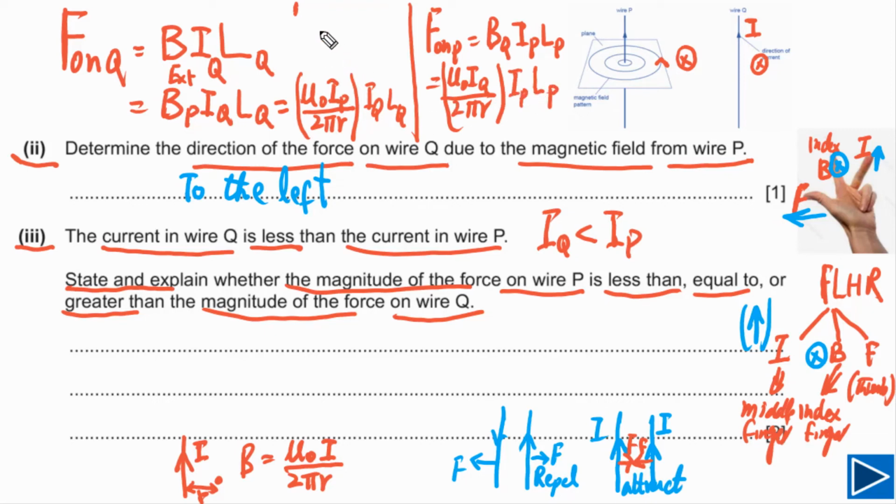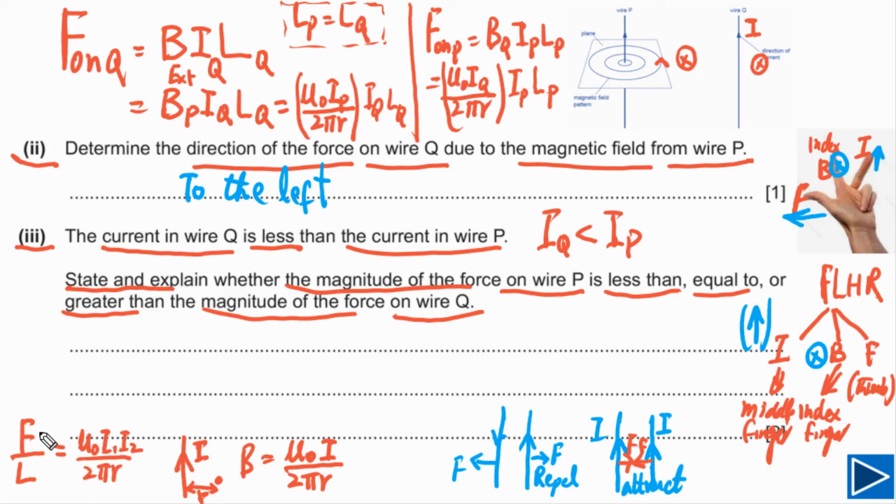If LP is equal to LQ, this is a very important point, then these two equations are the same. Or we can simply say that in this case, force over length, F over L, is equal to mu naught I1 I2 divided by 2 pi r.